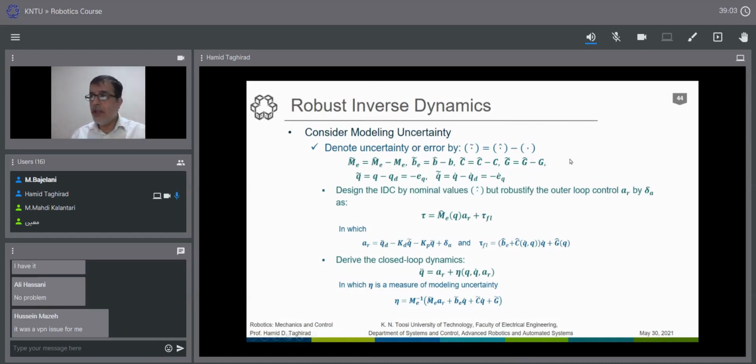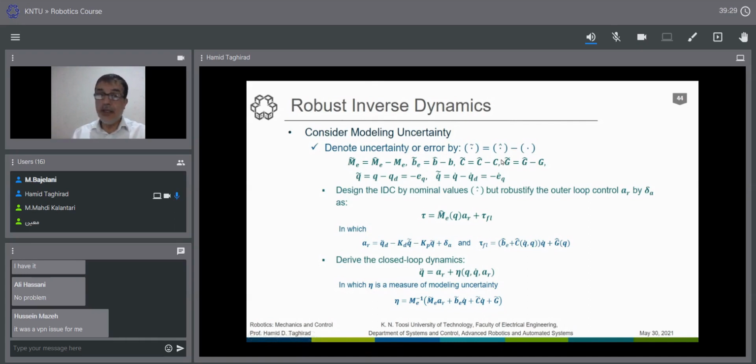We go with the same thing for B, the viscous friction terms, the C terms, the Christoffel matrix, and the G terms, which are the most significant and important part, as you remember, the gravity terms. For everything we consider the tilde as the error or the uncertainty that we have here.